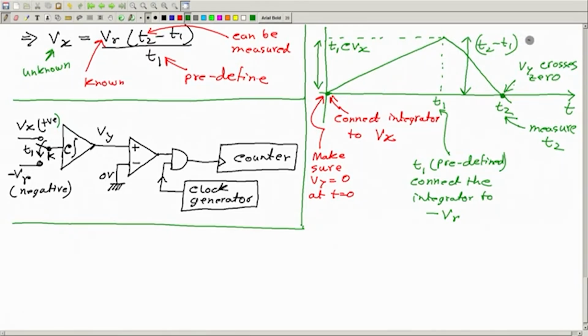So the slope is C Vr, right. So from this side I can calculate this height to be C Vr times this, minus I can ignore because I am talking about the height, the absolute value. Okay. And from this side I have computed this height to be this. So from this I can write t1 C Vx is same as (t2 minus t1) C Vr, because this is the same height, and from which you can calculate the value of Vx.